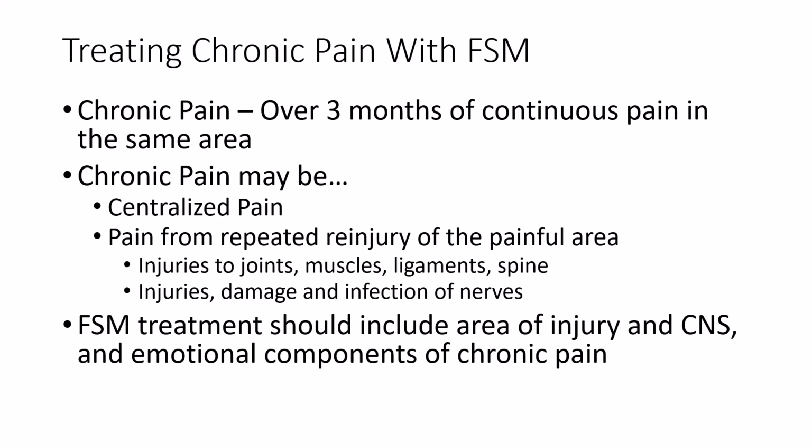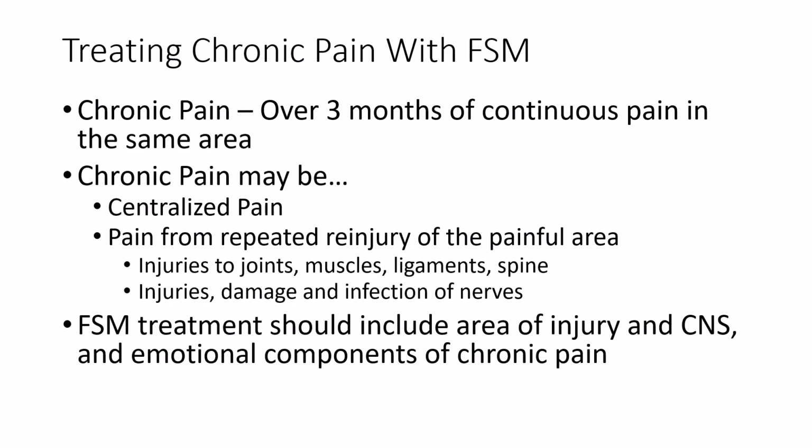Chronic pain is generally defined as pain that is continuous for over 3 months, and chronic pain can be caused by a combination of centralized pain and pain from the original injury. The original injury may be a joint, a muscle, a ligament, the spine, or it may be injury, damage, or infection of a nerve.